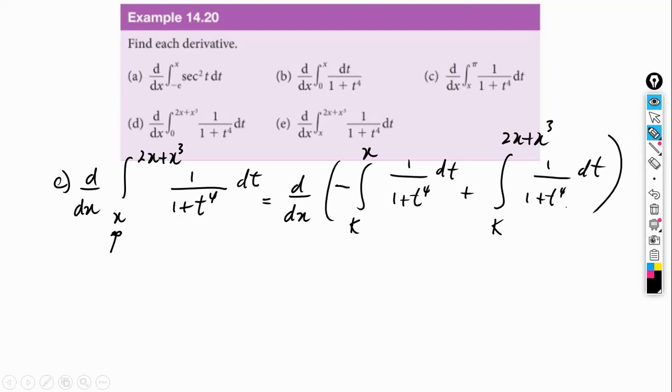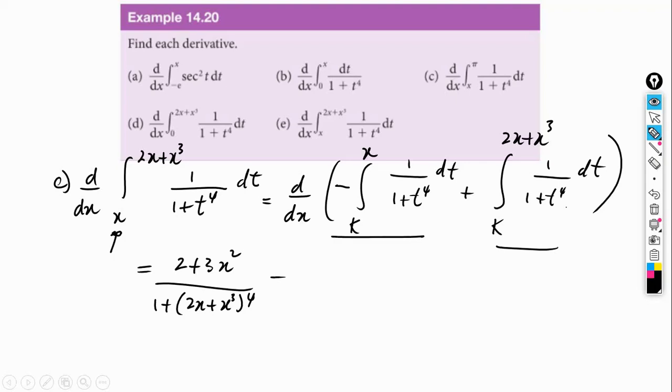So notice that this is simply going to be, and I'm going to put this expression first, exactly the same as what we got for an answer in part d. As you recall, that was 2 plus 3x squared over 1 plus 2x plus x cubed to the 4. And then minus, which would be this part here, minus, simply we need to write 1 over 1 plus x to the 4.